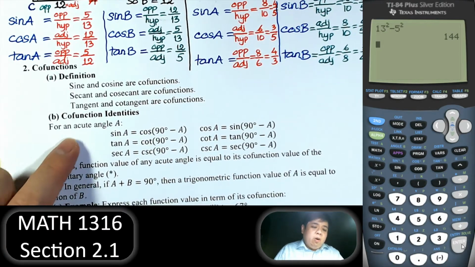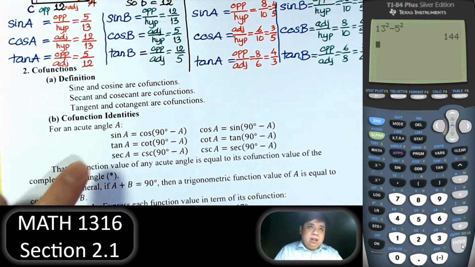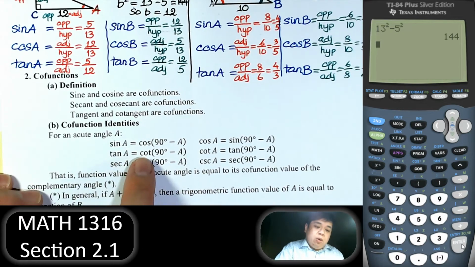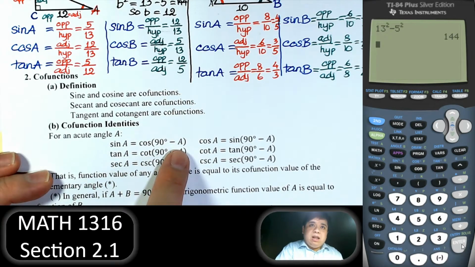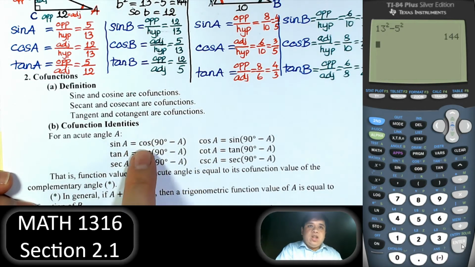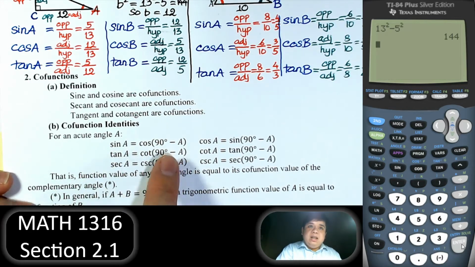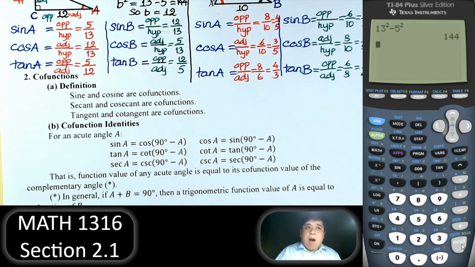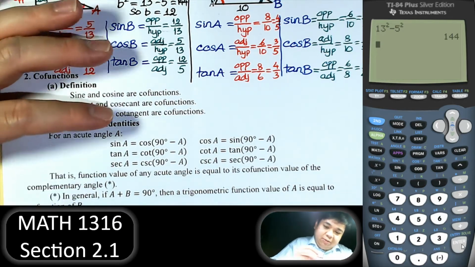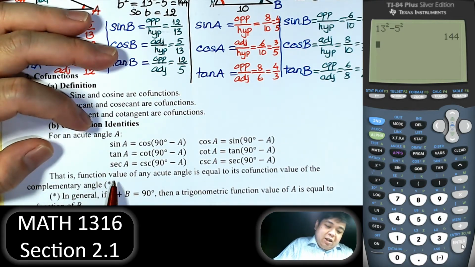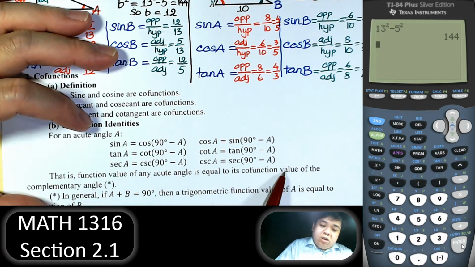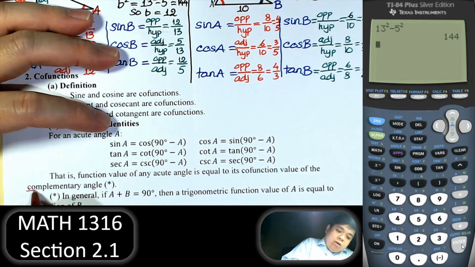The property says for any acute angle A, sine of A is equal to cosine of 90 minus A. So remember the relation of A and 90 minus A, those are complementary angles. So the function of any acute angle is equal to its cofunction value of the complementary angle.